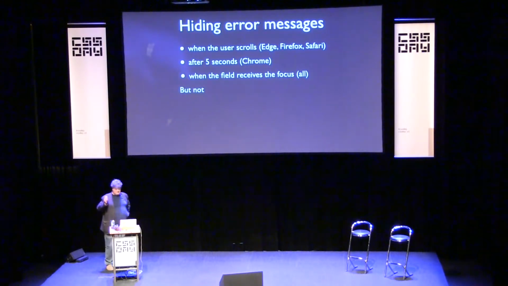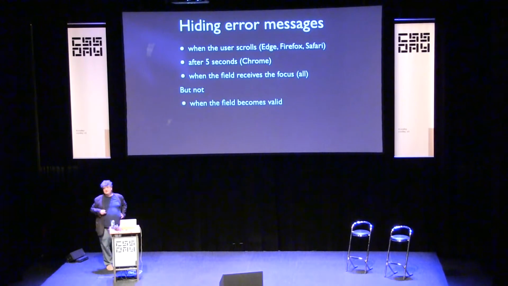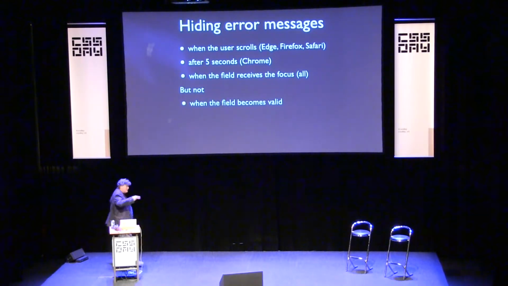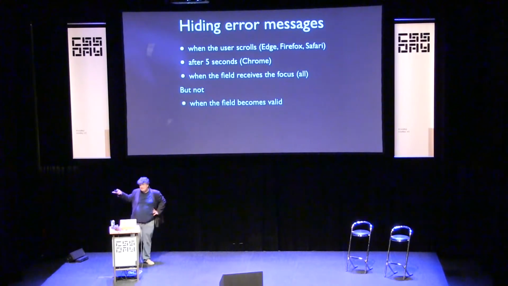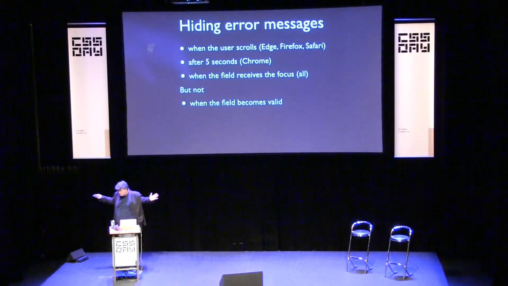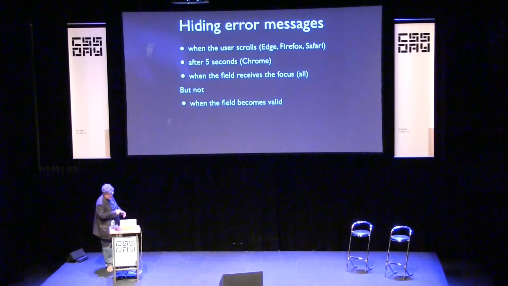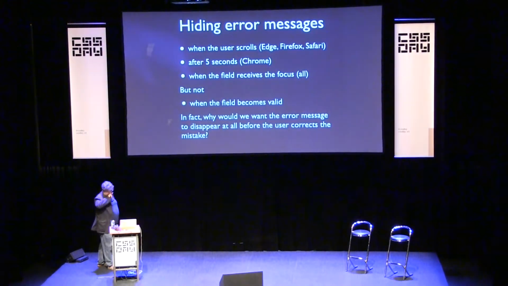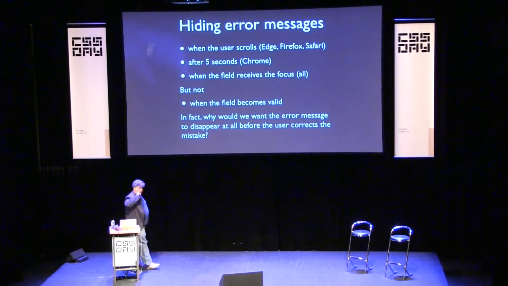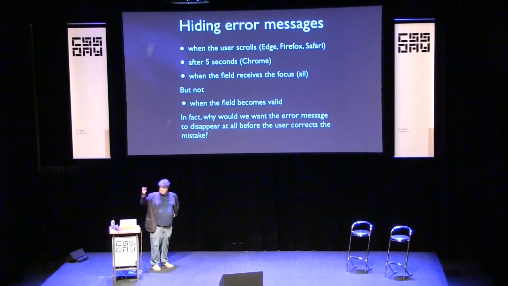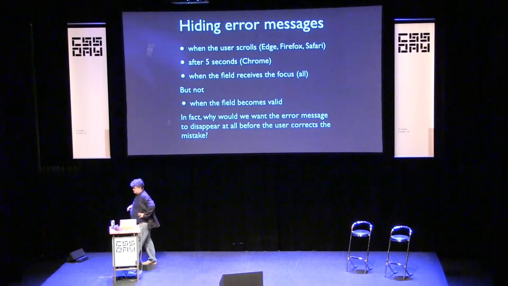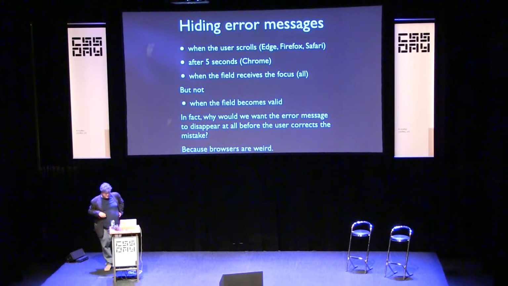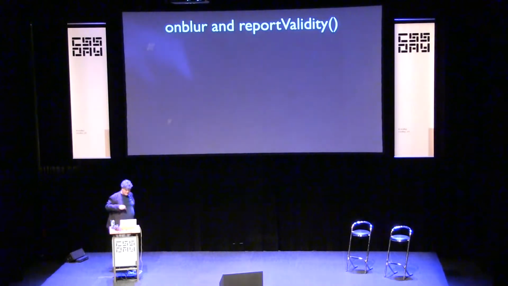However, what none of the browsers do is wait until the field becomes valid, which to me personally would be the ideal timing to hide an error message, right? I'm just suggesting, you know. I mean, it would be really useful if the error message stays around to inform the user of what he has to do in order to correct the error, right? It doesn't. Browsers are weird, but you already knew that.